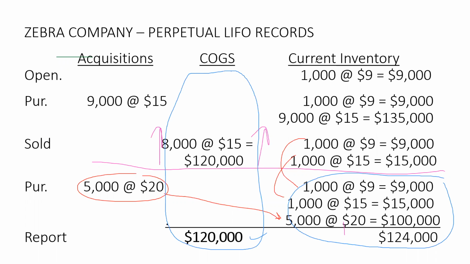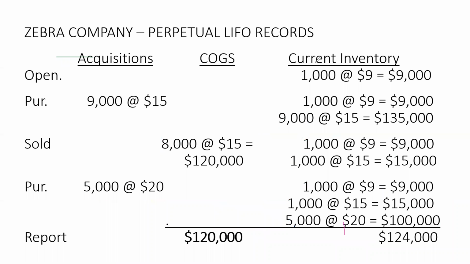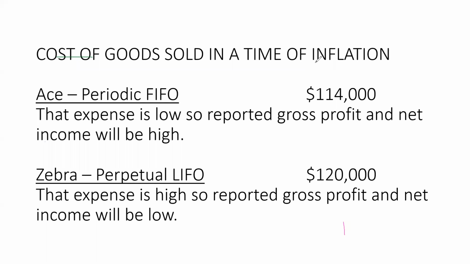What kind of system is that? Anytime you keep things chronologically and keep up with them at all times, that's a perpetual system. Anytime you sell inventory and it's the most recent or the last cost that gets moved into cost of goods sold, that is a LIFO system. So what was the question that we had at the very beginning of the problem? The question was, what is cost of goods sold?